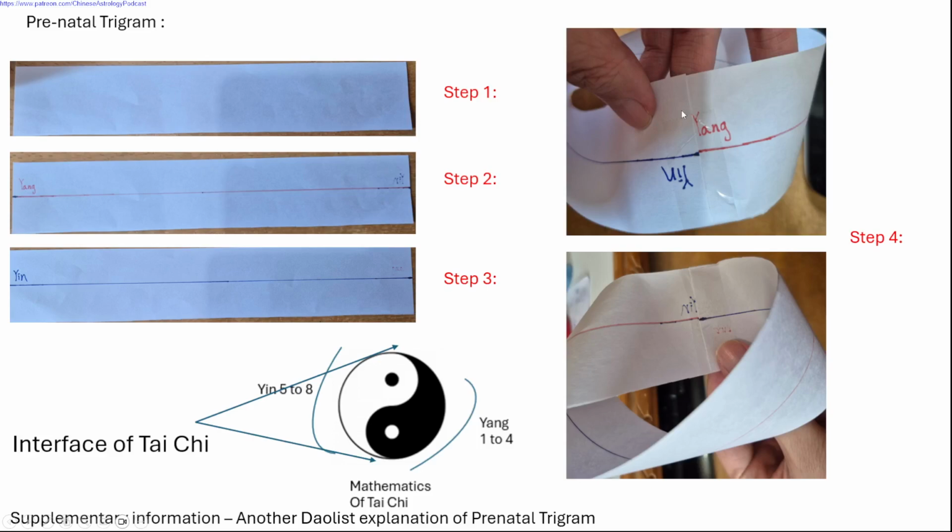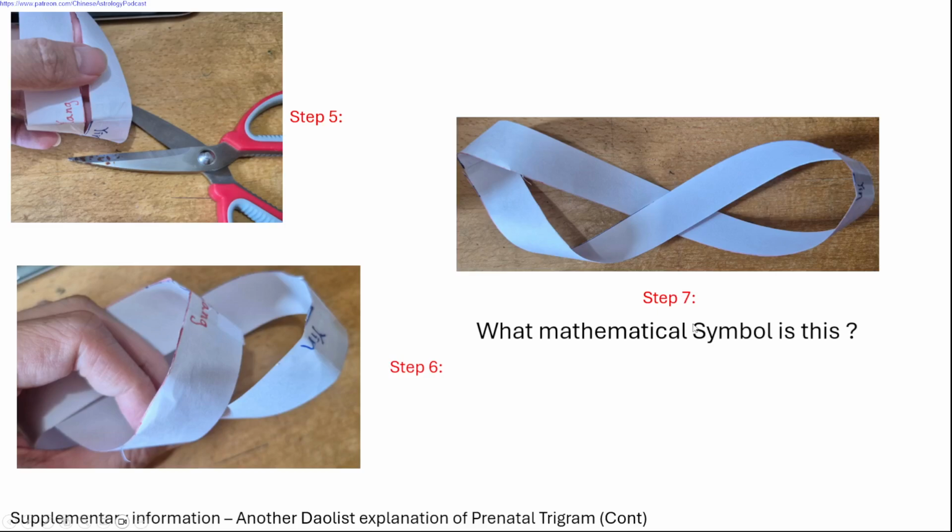It becomes a Tai Chi, and you can see this paper loop has 2 intersection points of yin and yang, so this point and this point are the interface of the yin and yang. The paper strip has been folded one time, so the yin and yang match here, and at the back side of the paper yin and yang match here.